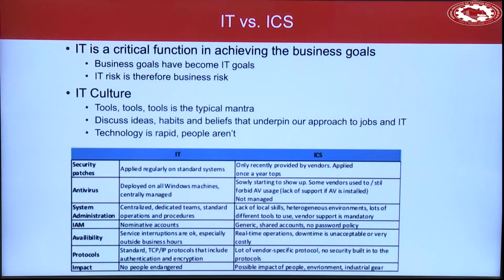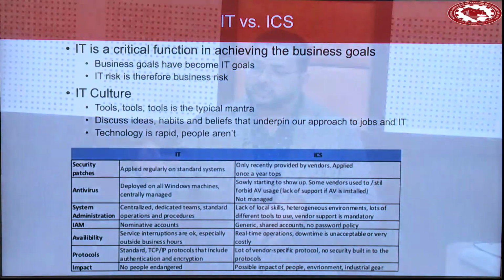System administration. In IT systems, as we know, there's a system admin having root access, and for the users, depending on your need, you get certain access, right? For example, as a student, you have certain access but certain restrictions. Faculty members might have better access than you, and so on. In OT systems, another issue, as I said yesterday as well, is that most of the devices are legacy systems.